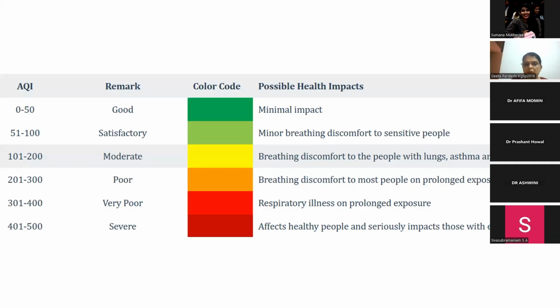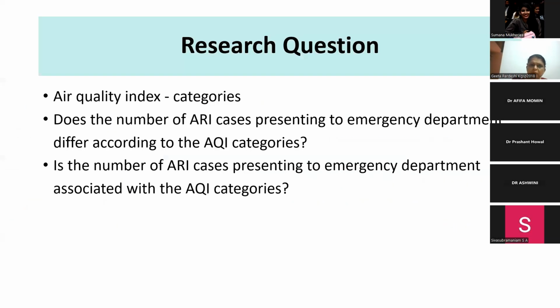We will look at the change in the number of cases coming to the emergency department as the AQI category changes. So it will be easier, even clinicians or somebody can look up and see what the category is, and we can have a rough idea about the cases one would expect on that particular day. So the research question now is with regard to the categories and not a 1 unit change.